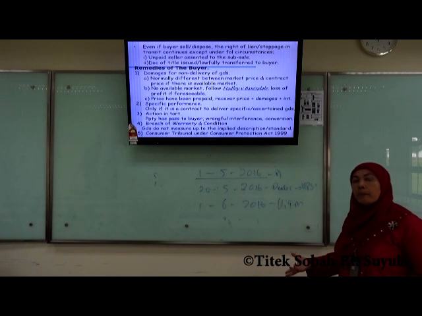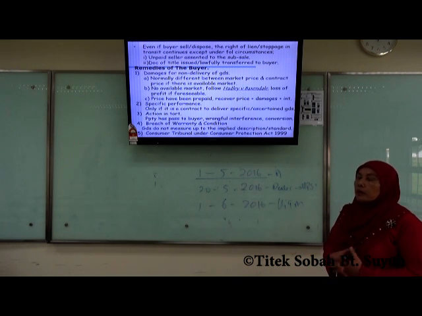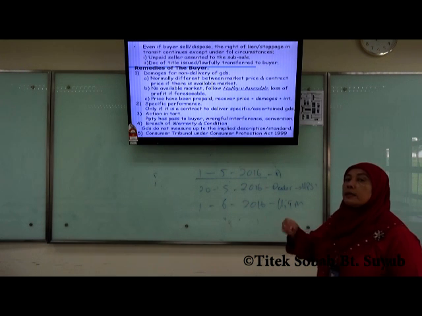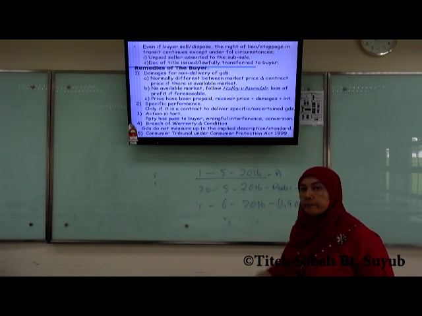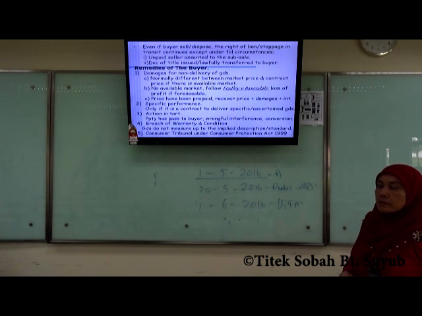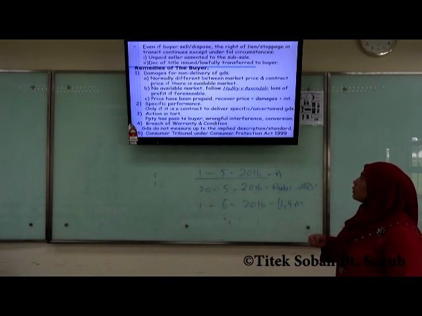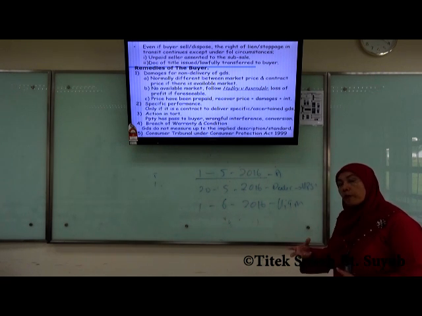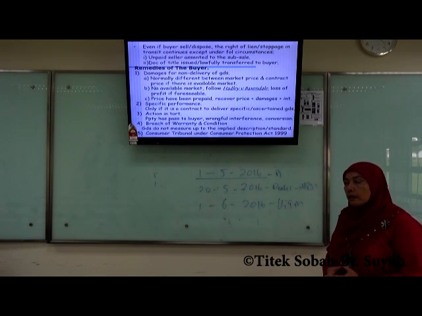Or if there is no market price, how much then? If there is no market price, then we take what is the foreseeable profit which can be gained by the buyer. So we are going to use the rule in Hadley versus Baxendale. The question is whether the loss of profit is foreseeable by the seller.